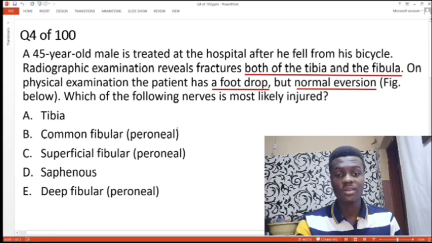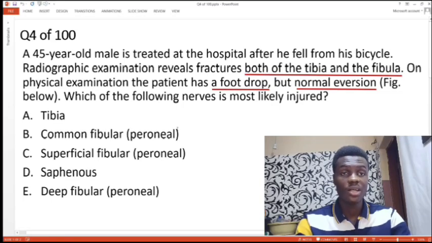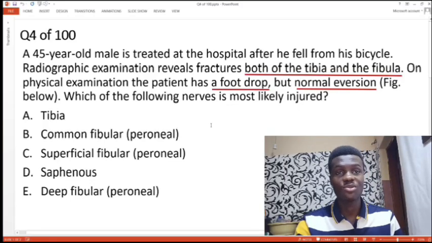The first one is the tibial nerve. The tibial nerve supplies the posterior compartment of the leg, and the muscles there are the gastrocnemius, the soleus, plantaris, flexor digitorum longus, flexor hallucis longus, and the tibialis posterior, and the popliteus muscle actually, but that doesn't have to do with plantar flexion because it does not reach the ankle joint, of course.